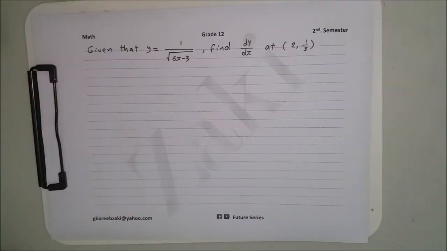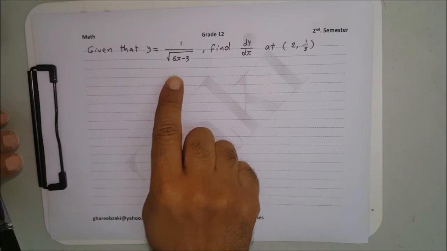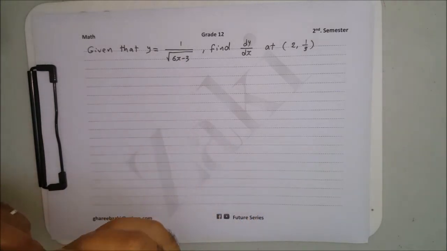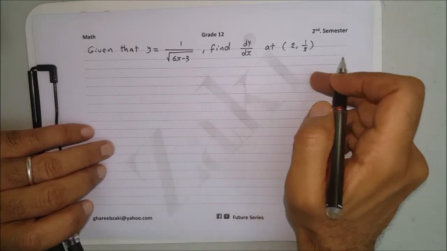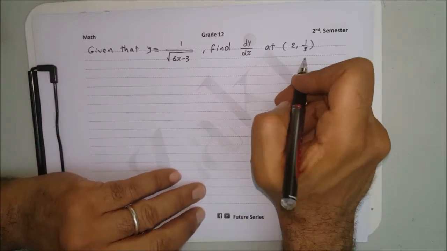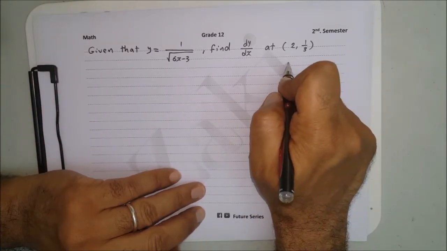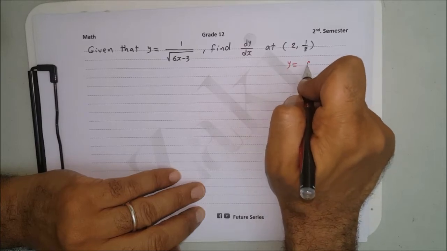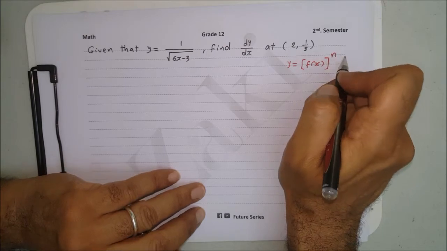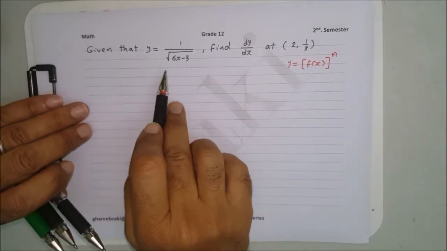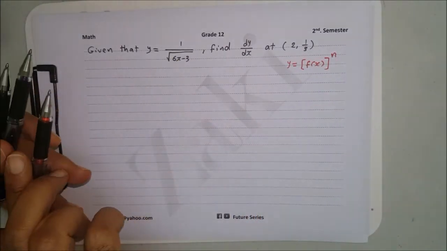We can see this example, y equals 1 over square root of 6x minus 3. First, we have to write the function as the rule. The rule is that y equals f of x to the power n. So we need to write this as f of x to the power.